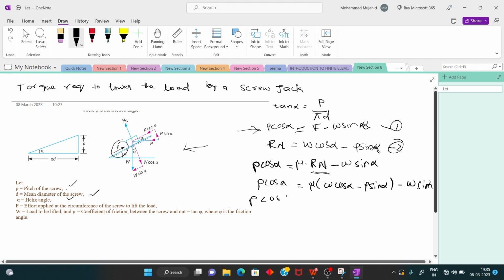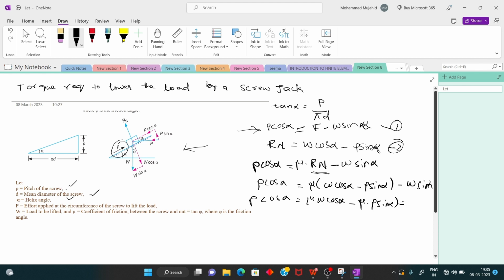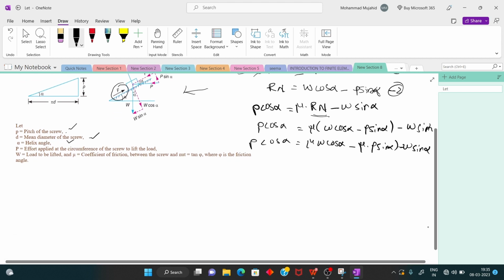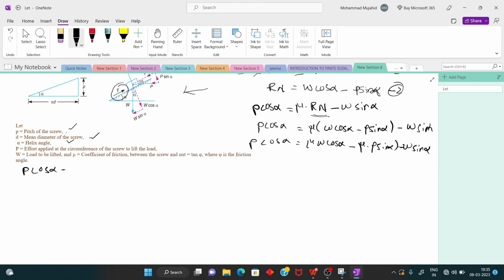From this, P cos alpha equals mu W cos alpha minus mu P sin alpha minus W sin alpha.